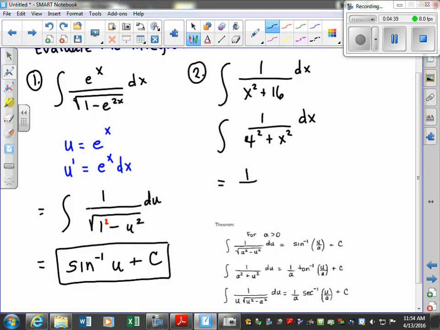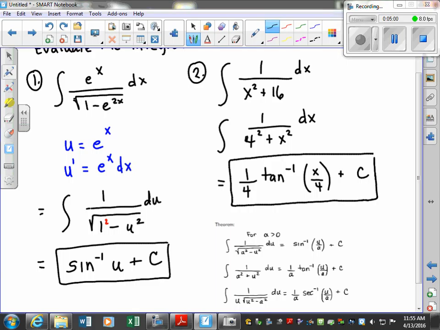What was our a? 4, good, times the tan inverse, so we're using our formula now, tan inverse of u, which is just x, over a, again 4, and then plus a constant. We can make a note that u is equal to x and a is equal to 4 if that helps us when we plug into our formula.